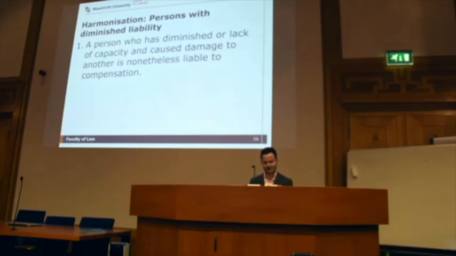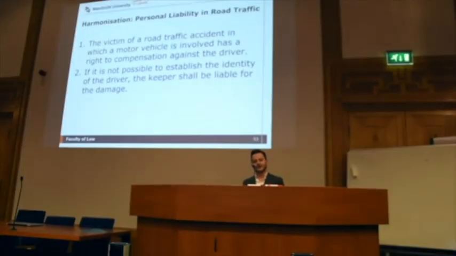Since we've covered already the liability for omissions and acts, now we can move to the liability in road traffic. Our provision states as follows. The victim of a road traffic accident in which a motor vehicle is involved has a right to compensation against the driver.